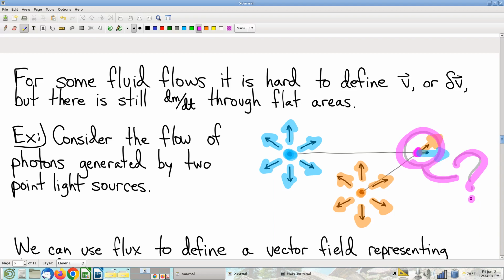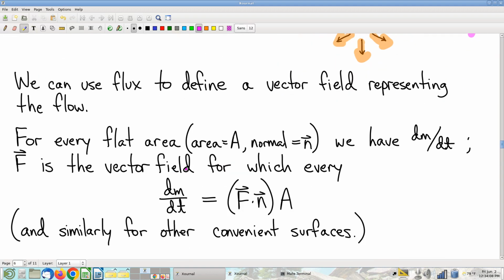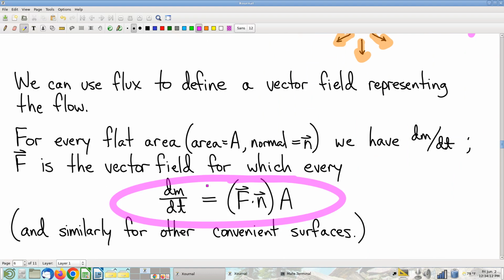So I just want to point out there is a way to deal with this. The idea is to look at this formula that we've already established, that if you have a fluid flow represented by a vector field, that generates the ability to compute flow rates. So what do we do when we find ourselves unable to write down the vector field? The tricky idea is just to say, all right, well, I can still compute flow rates.